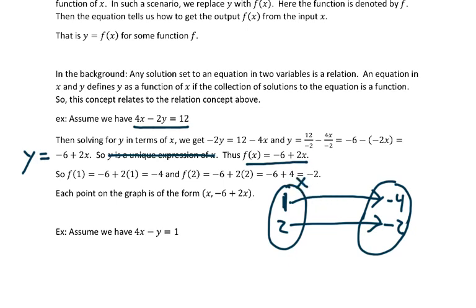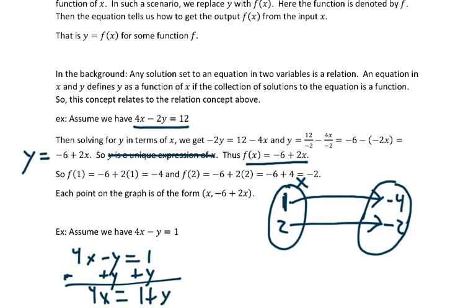As another example, we have this, 4x minus y equals 1. Well, again, the graph of this is a non-vertical line. How can we get that? Well, if we add y to each side, we get 4x is 1 plus y.